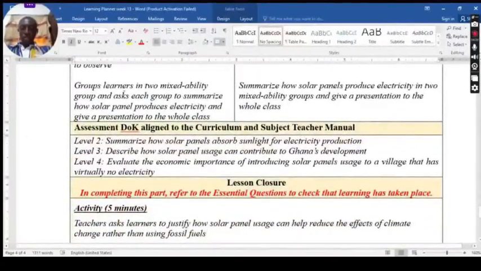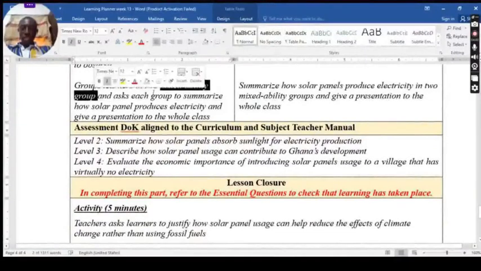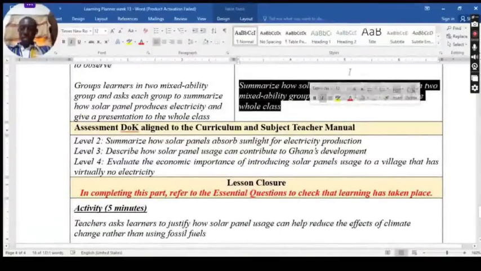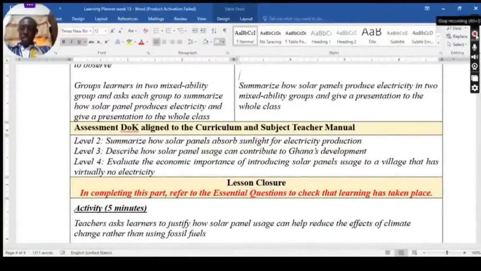And then the second one groups them into 2 mixed ability groups and asks each group to summarize how solar panels produce electricity from sunlight and present to the whole class. So this is a collaborative learning. Then the corresponding response summarize how solar panels produce electricity from sunlight.